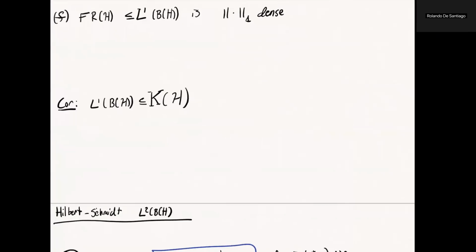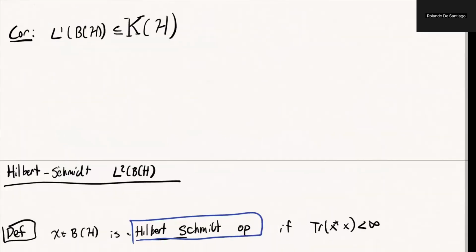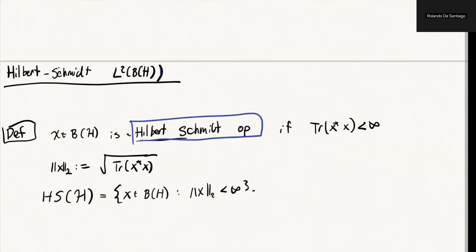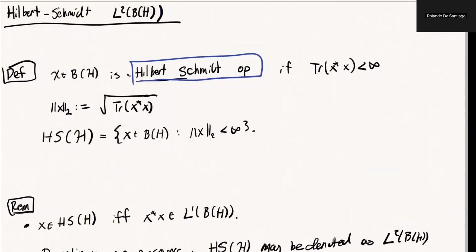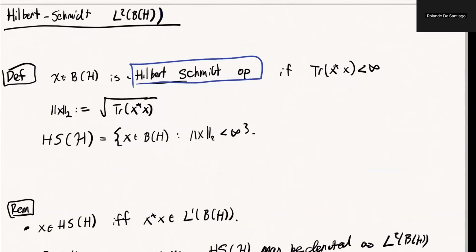Okay, so if there's an L1, that implies the existence of an L2 and potentially an Lp, but we're going to stop at 2. An operator in B(H) is called a Hilbert-Schmidt operator if the trace of x star x is finite. Think of this as saying the integral of a function squared is finite.